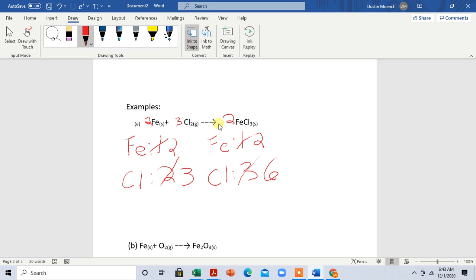Now what you need to remember is that we're always going to keep our balanced reaction in the lowest form. For example, if you balanced it and got 4, 6, 4, this is just the same thing as what we got.